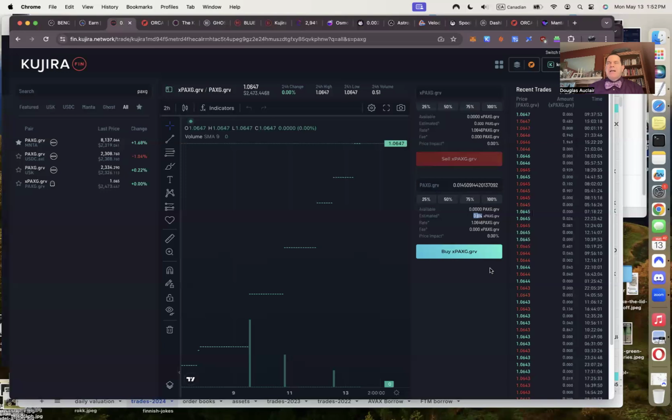Well, 3/1000ths of gold isn't much. If gold is trading at $2,800, that's 220 times 3, so about $6 to gain.